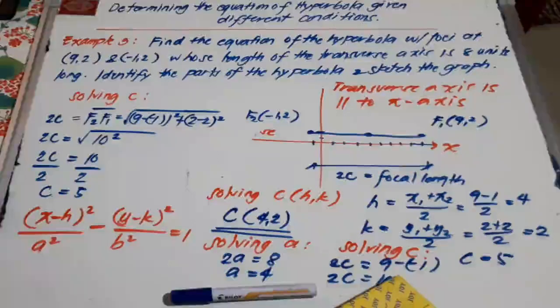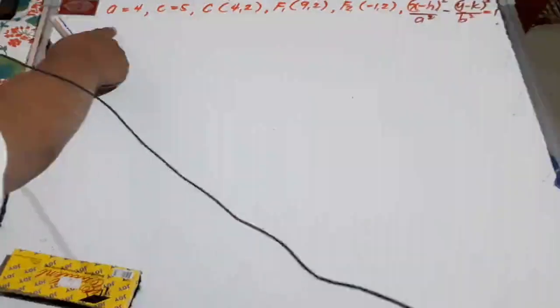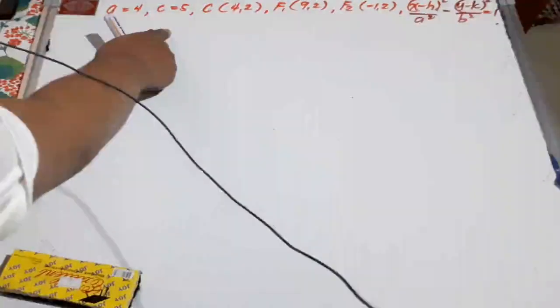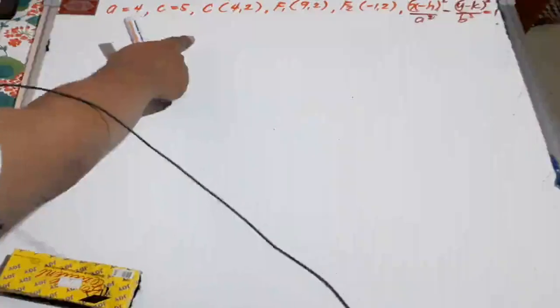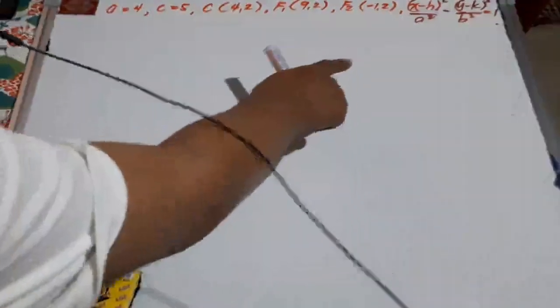So, kailangan na lang natin ma-solve ay si b. Okay, we already know the value of a, that's equal to 4, half of the focal length, 5 units, the location of the center at 4, 2, the foci located at 9, 2, and negative 1, 2, and we already know what equations to be used to determine the equation of the hyperbola with these conditions.